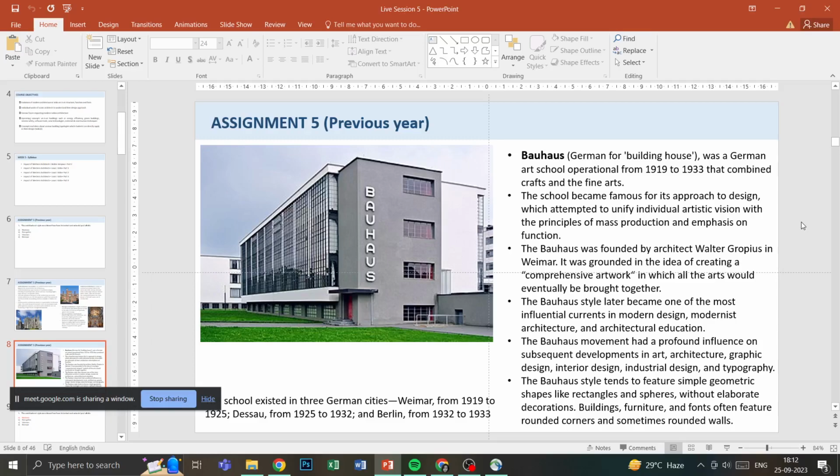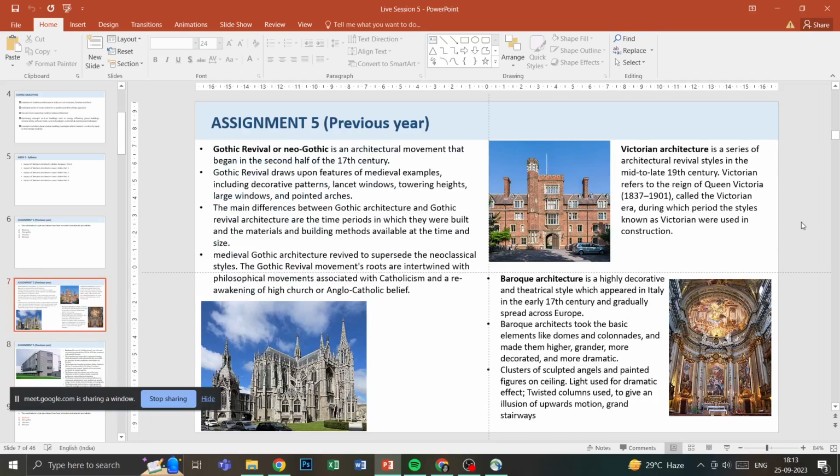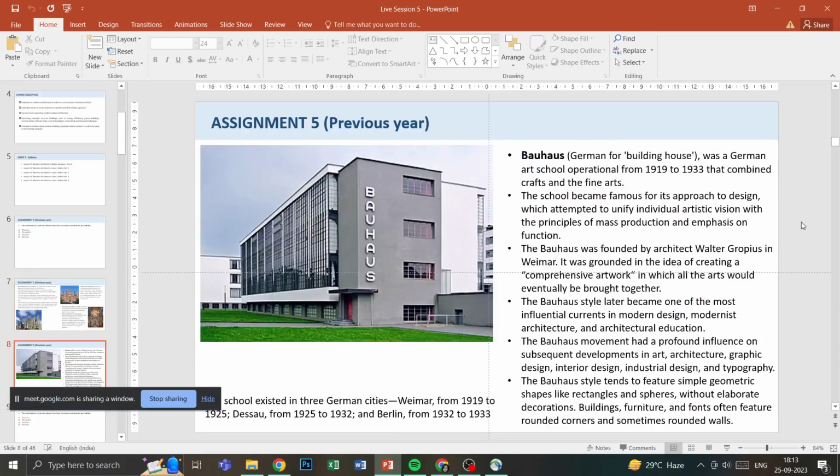So if you compare Bauhaus with the other three styles that have been mentioned, you can see that all these three styles have a very strong attachment with aesthetics, how the building is actually looking, more than the actual functioning or the working of the building. However, in Bauhaus, it's completely different.